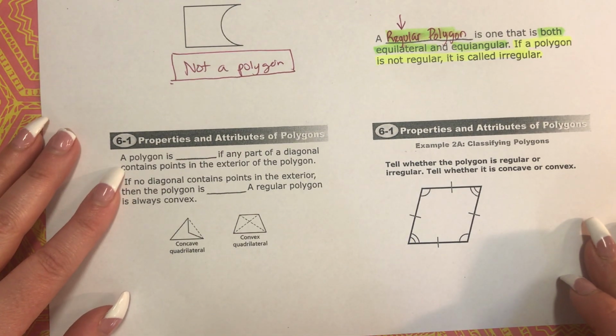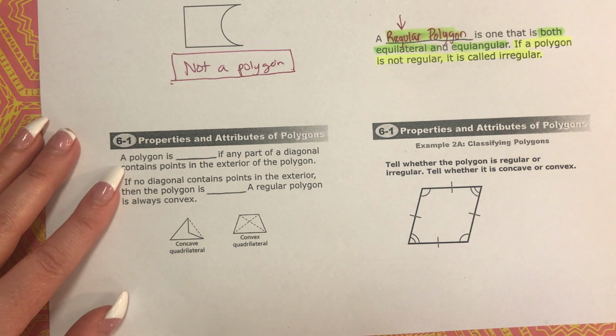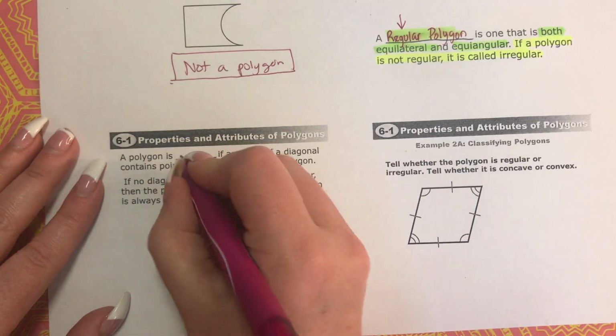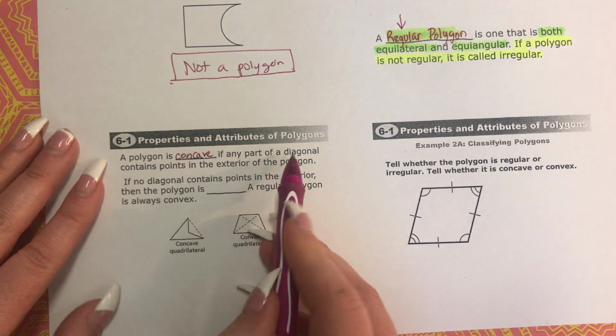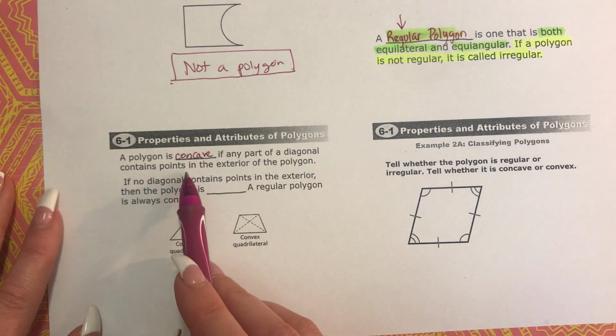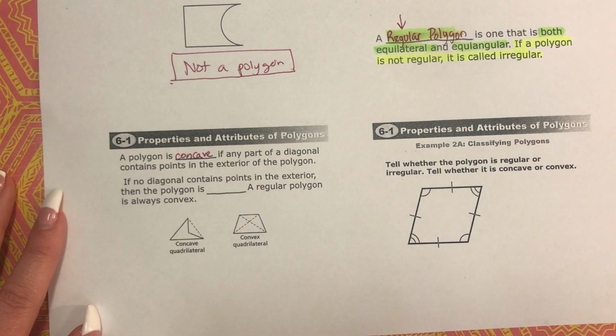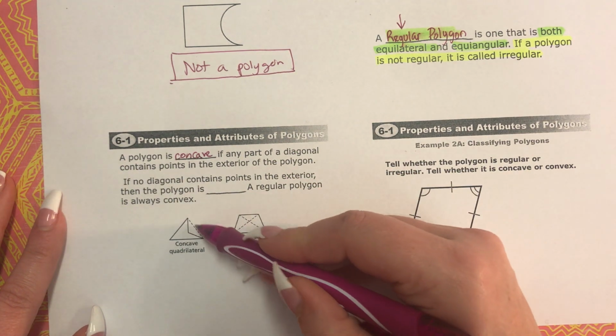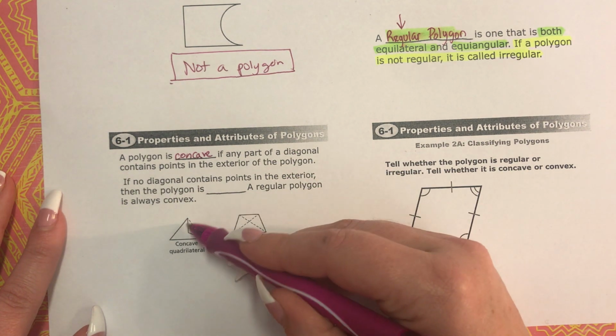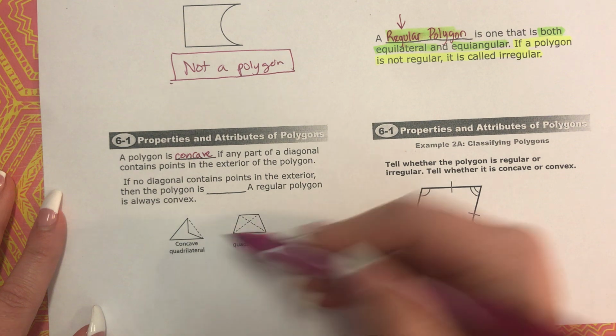Also, a polygon is concave if any part of a diagonal contains points in the exterior of the polygon. Here we have 4 vertices.